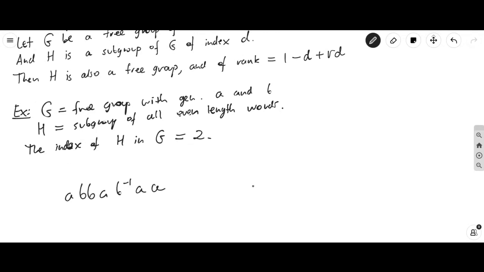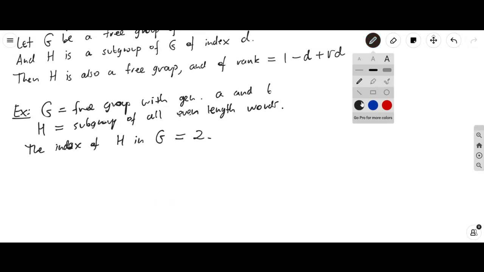That's 6. So let's do it like this, odd length. Then this is in H. So it's a single element that's not in H times something that is in H. So the index is 2.